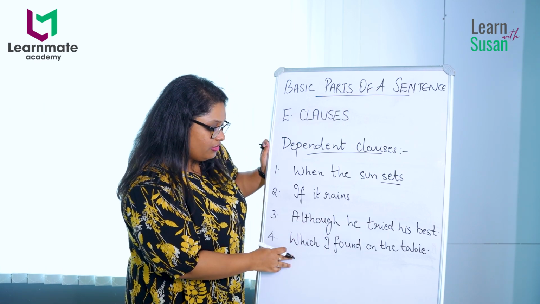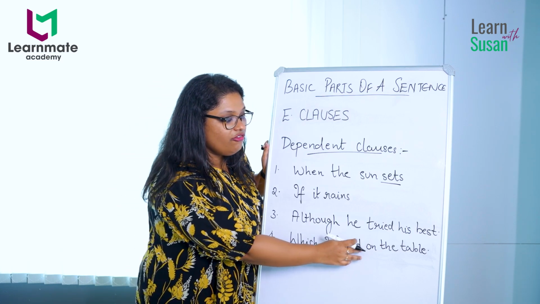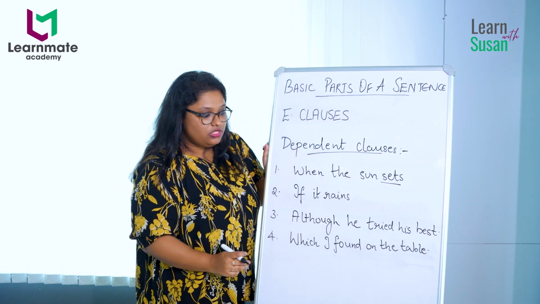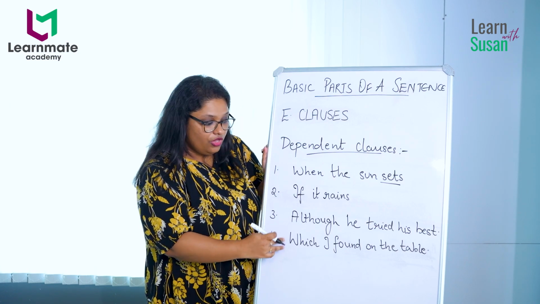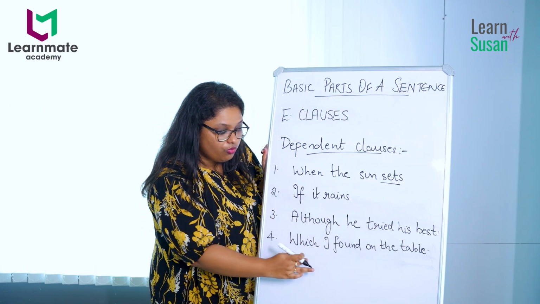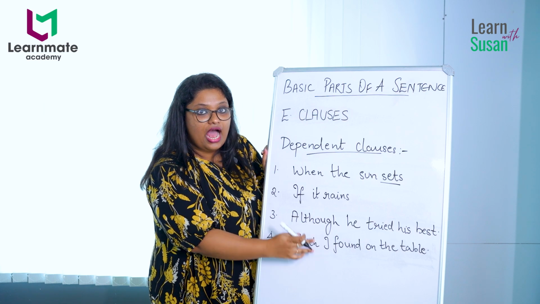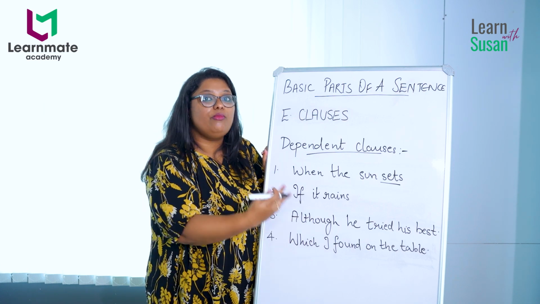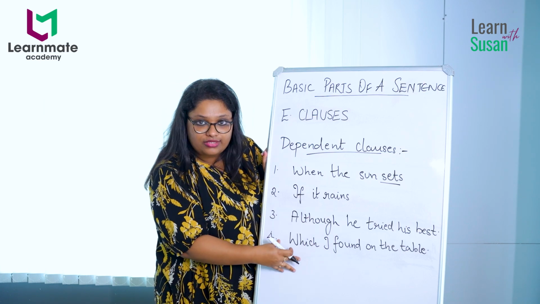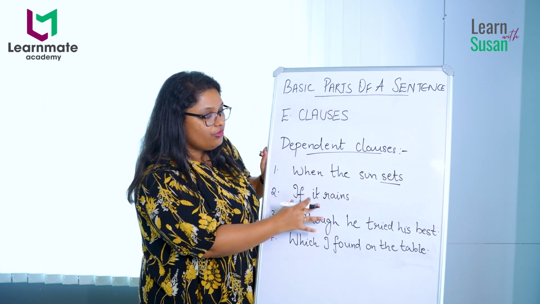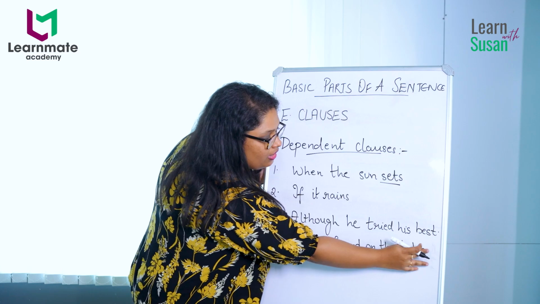Okay. Now the fourth one, which I found on the table. So here again we have a dependent clause. We are not sure what we are talking about unless and until I add some more information to this particular set of words. So I do not use any punctuation mark.